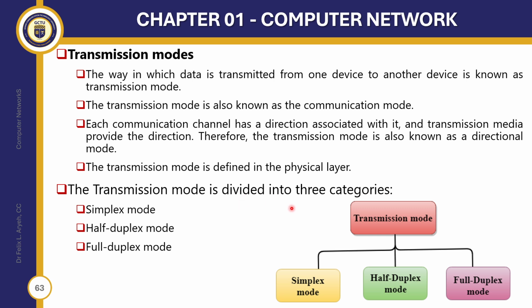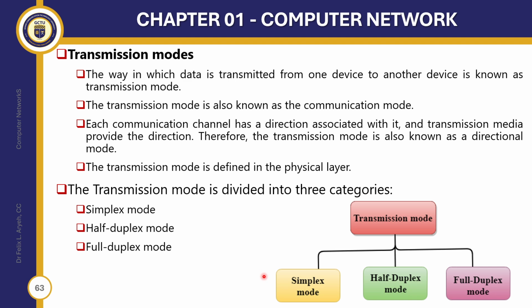So the transmission mode is divided into three categories: the simplex, the half duplex, and the full duplex. When you hear of transmission, that is data being transmitted from one device to another. And this transmission mode can be divided into three different categories: the simplex mode, the half duplex, and the full duplex.